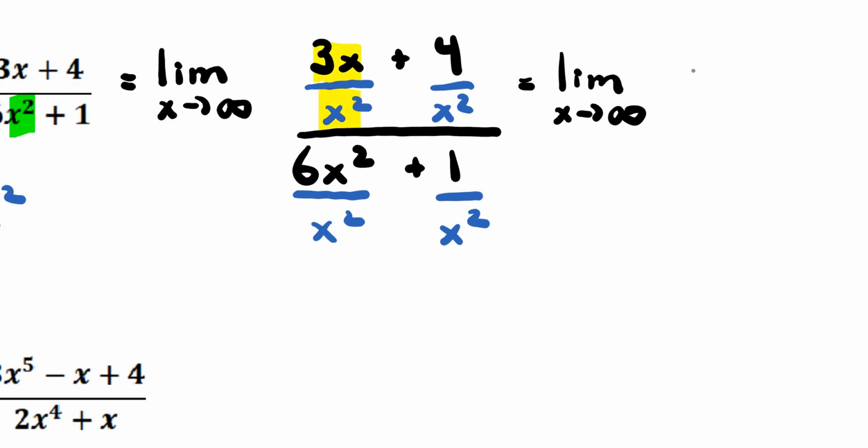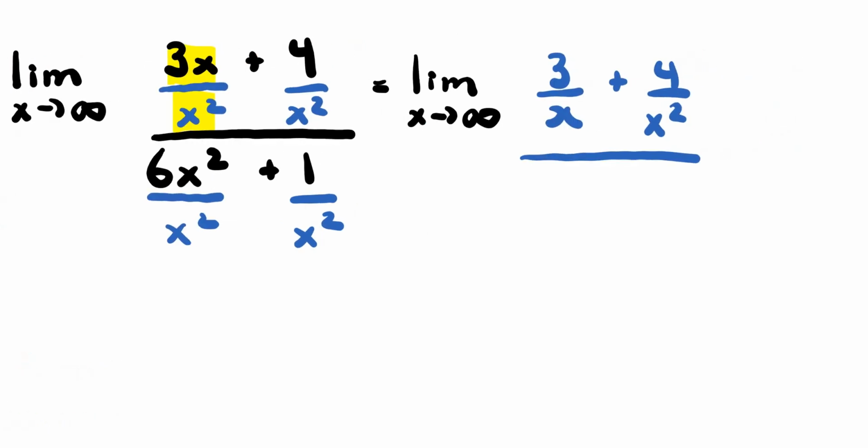So this term right here is simply going to be 3 over x plus 4 over x squared, all divided by 6 plus 1 over x squared. Okay, and with any limit problem, you are now going to substitute x goes to infinity, right? So anytime you see an x on the denominator, all those denominators are going to change to infinity.